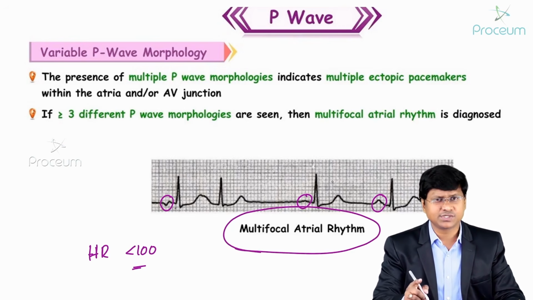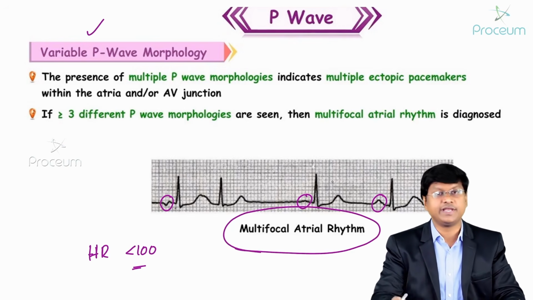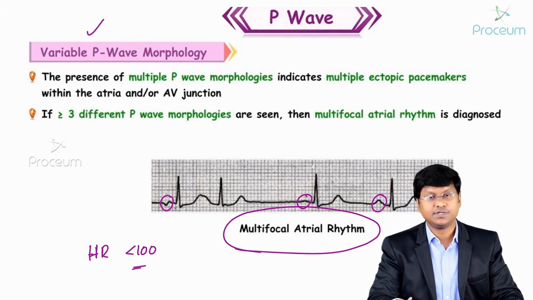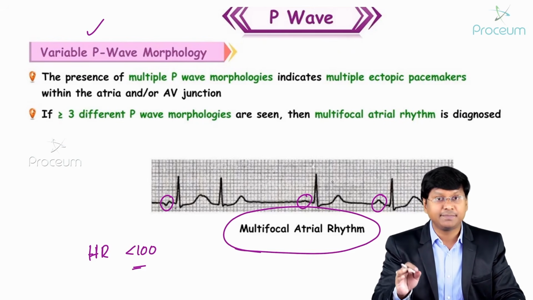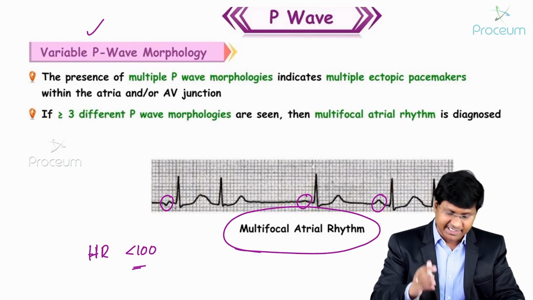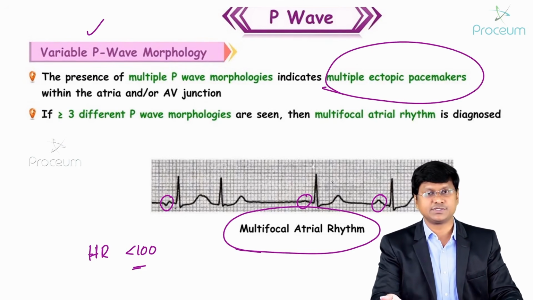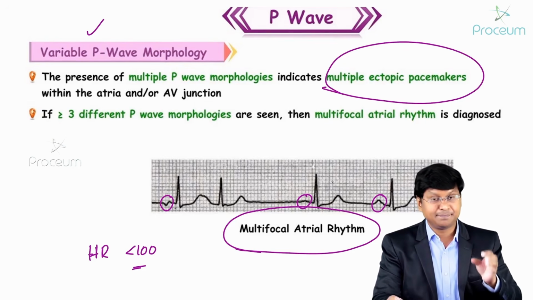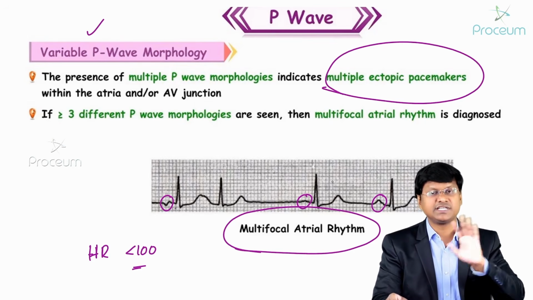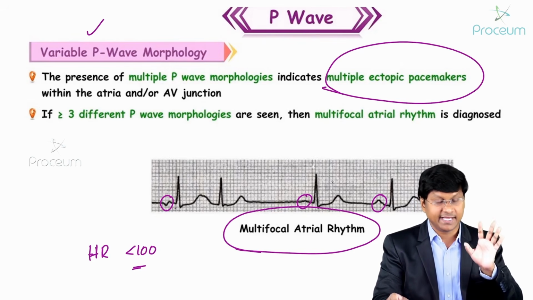Now the question is, why do they have these variable P wave morphologies? The presence of multiple P wave morphologies indicates multiple ectopic pacemakers. That means the impulse within the atria is not originating only at the SA node.